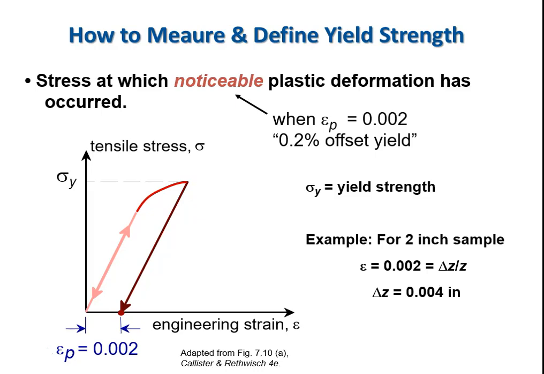If we were given a strain of 0.002 and someone wanted to say, well, what was the extensometer on our tensile test measuring at that point? What's our delta L? We would just measure the original sample length of 2 inches, multiply it by 0.002, and we'd get our delta L of 0.004 in this case. So that would be the extensometer delta L, or in this case delta Z reading, corresponding to a 0.2% strain for an original 2-inch length sample. So pretty much just the definition of strain there.